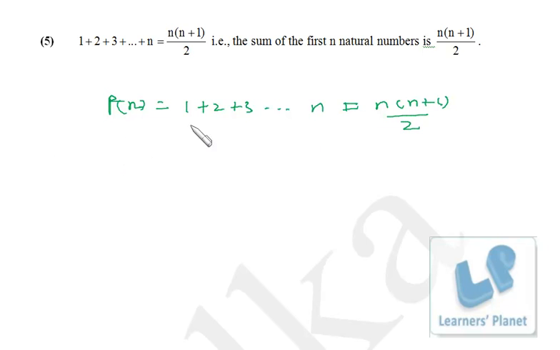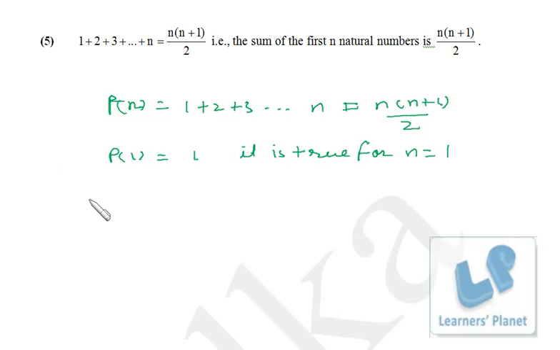So this is the statement that's given to us. First of all, let's find out P1. So P1 is equal to 1. So it is true for n equal to 1.